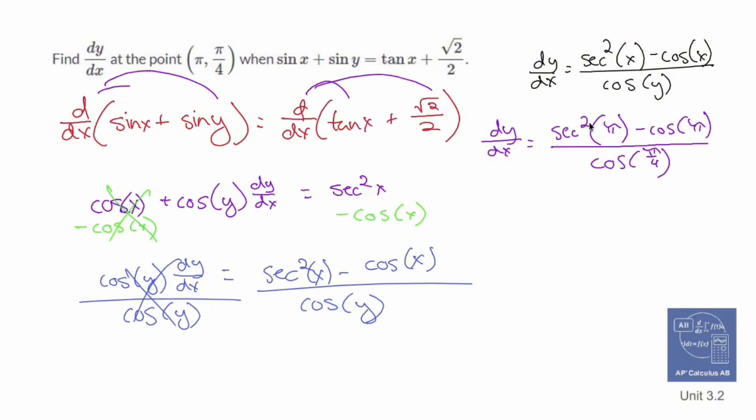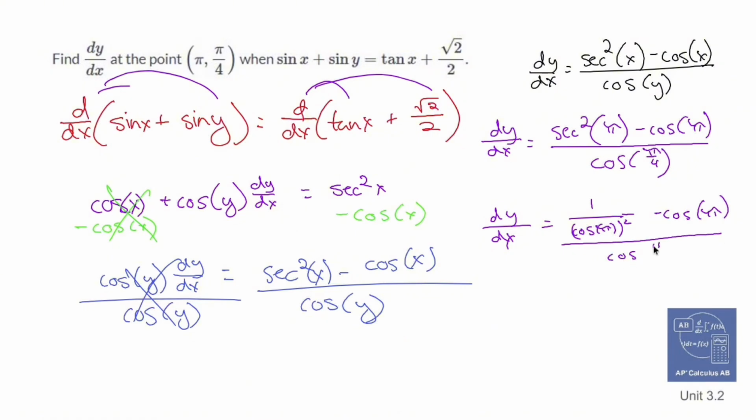Now, secant squared is 1 over cos squared. So if you don't have your secants memorized, here's a fun little trick. This is the same as 1 over cos squared of pi, right? And so we know what cos pi is.